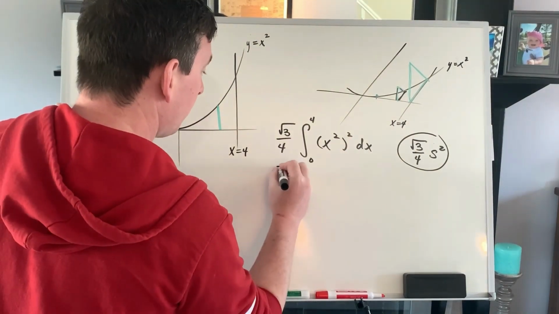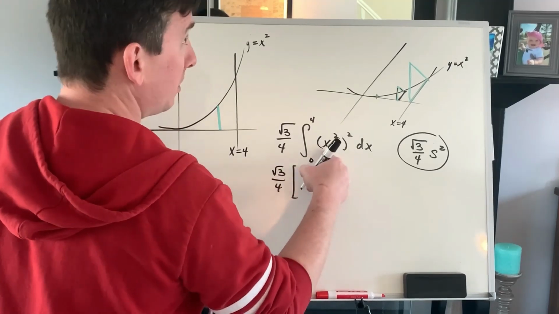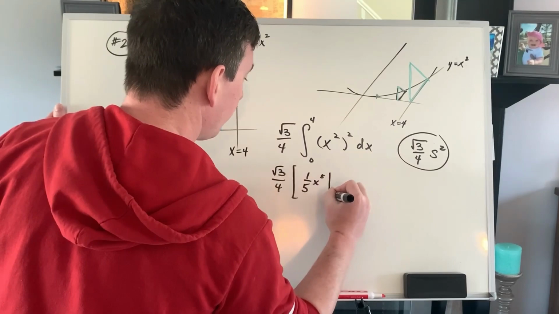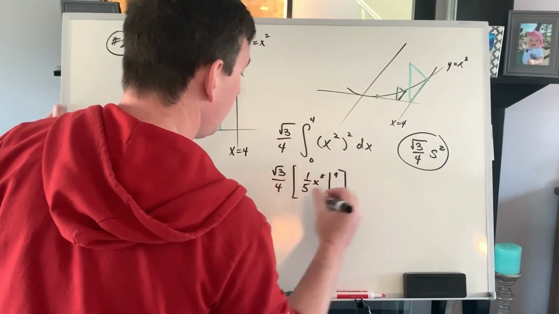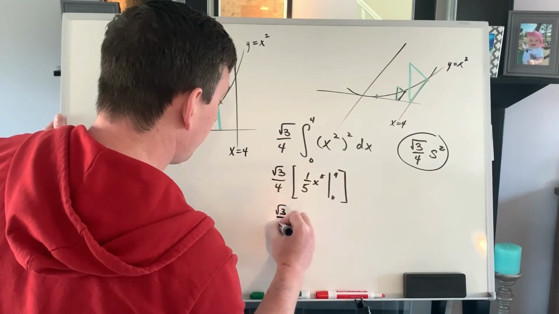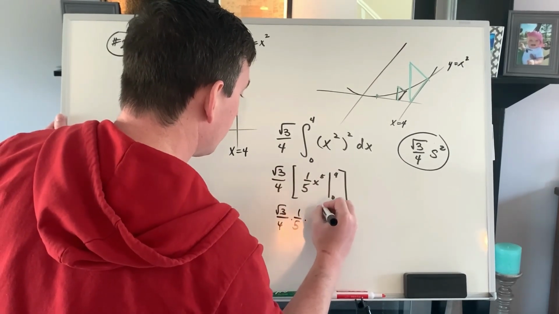So let's see, we've got root 3/4. This will be 1/5 x to the 5th from 0 to 4, and just more ugly algebra. No big deal. Root 3 over 4 times 1/5 times 4 to the 5th.